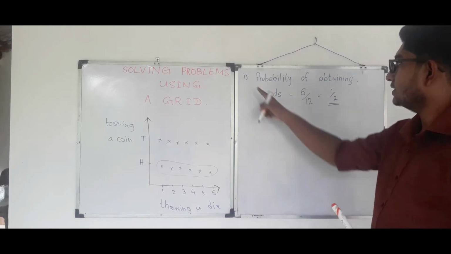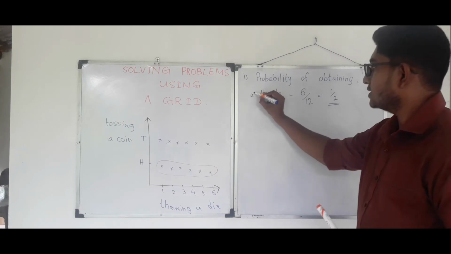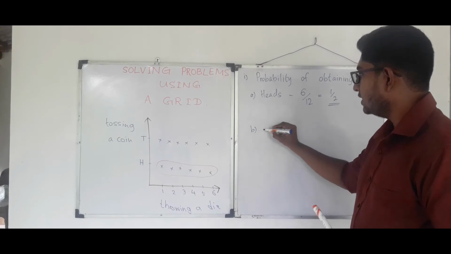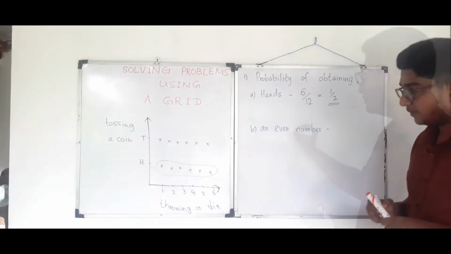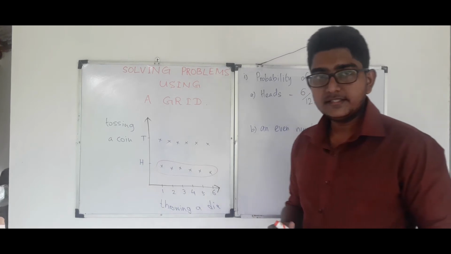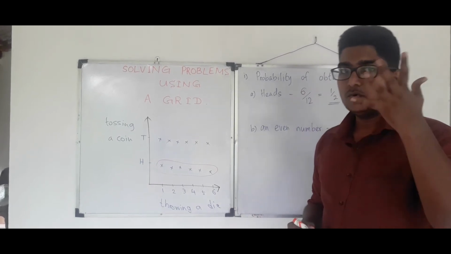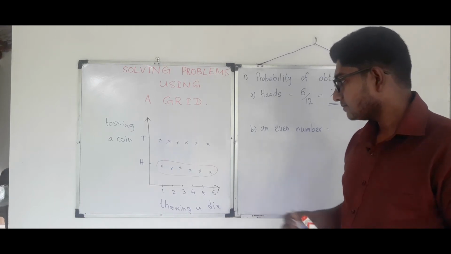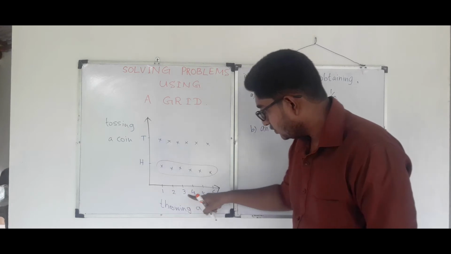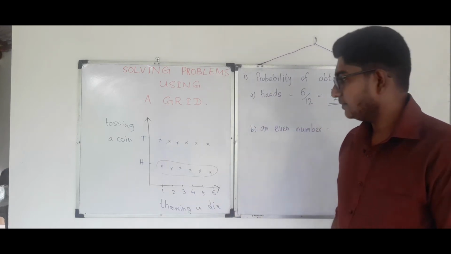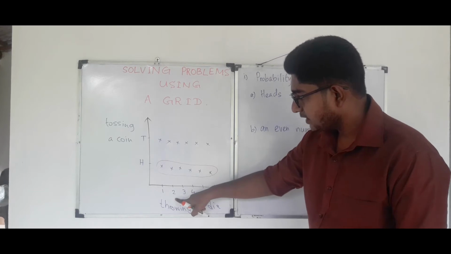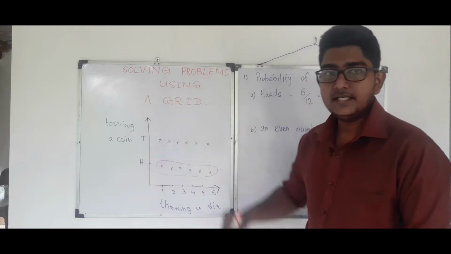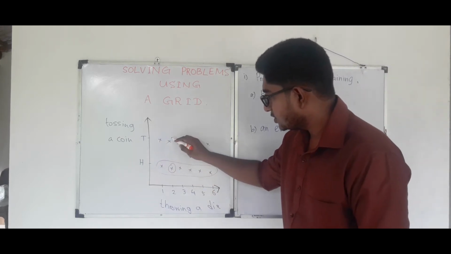Let's say they are asking the probability of obtaining an even number. From this grid, I have to select many crosses where we are getting an even number. We have 2, 4 and 6 for even numbers. So we can obtain 2 with heads or 2 with tails. So we have two choices.